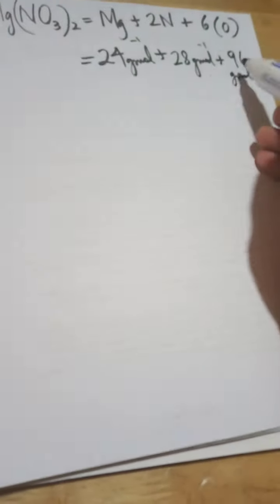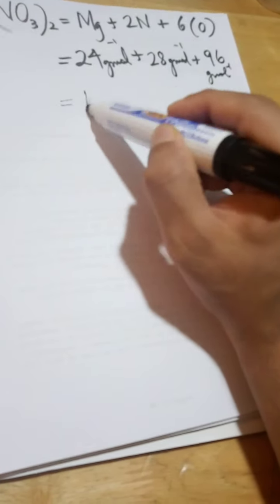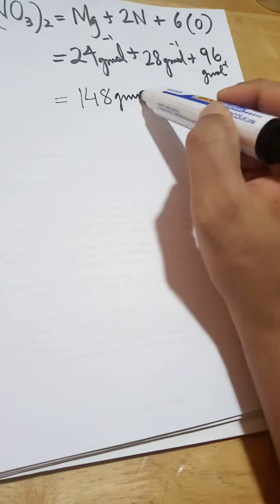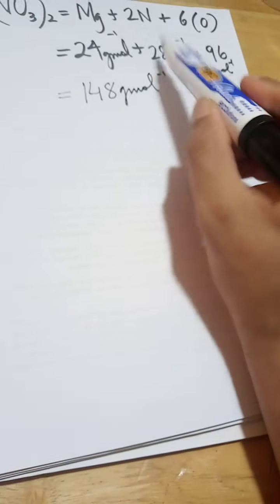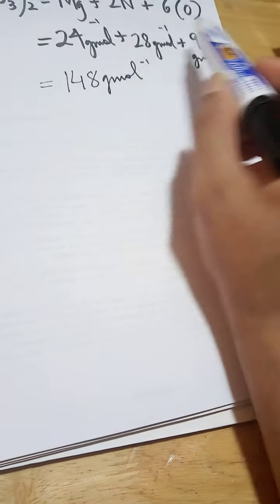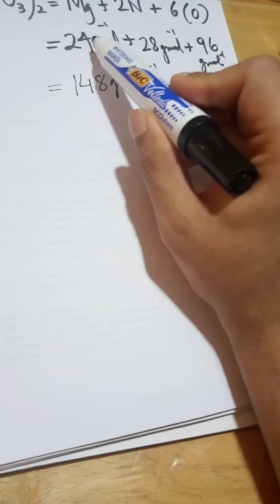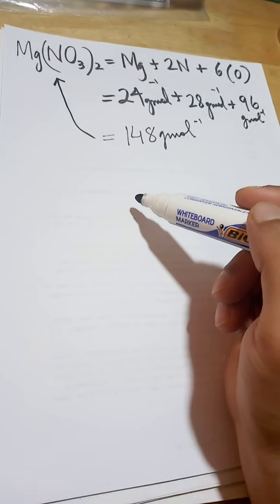And so that'll be, so I'll take 4 and I add here 100, 120, 148. You have 148 grams per mole. That's the relative molecular mass of magnesium nitrate.